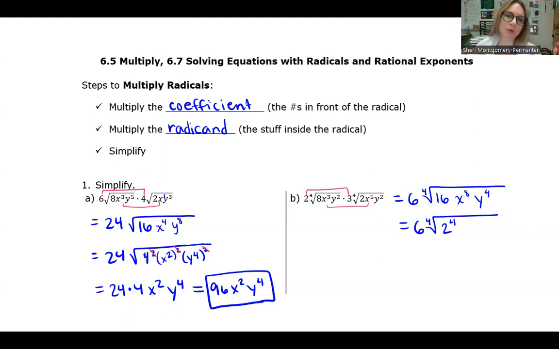Okay, the rest of us just misspoke. 2 to the 4th power, and then is 8 divisible by the index? So is 8 divisible by 4? Yes. 8 divides by 4, right? Sorry. Yes. 8 divides by 4. Do you understand, Adeline? Okay.